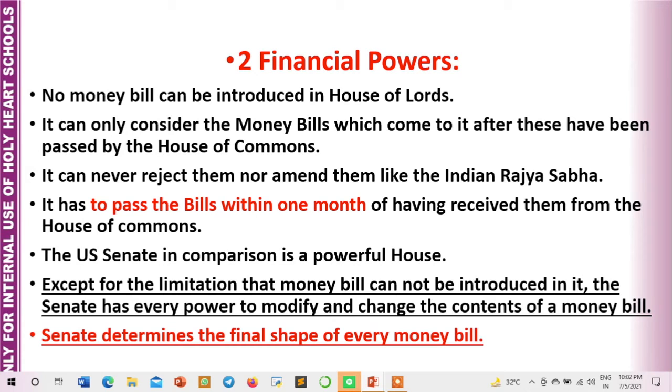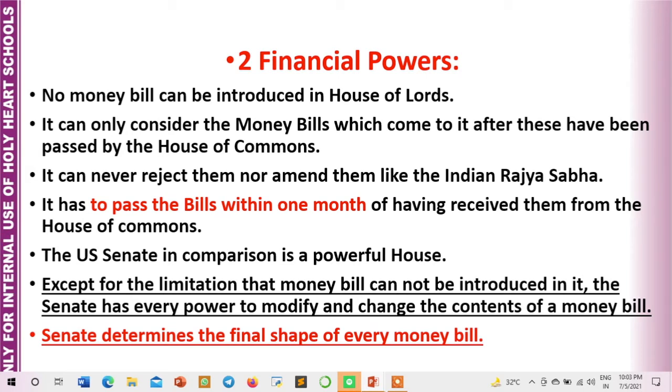The US Senate in comparison is a powerful house, except for the limitation that a money bill cannot be introduced in it. The Senate has every power to modify and change the contents of a money bill. The Senate determines the final shape of every money bill.